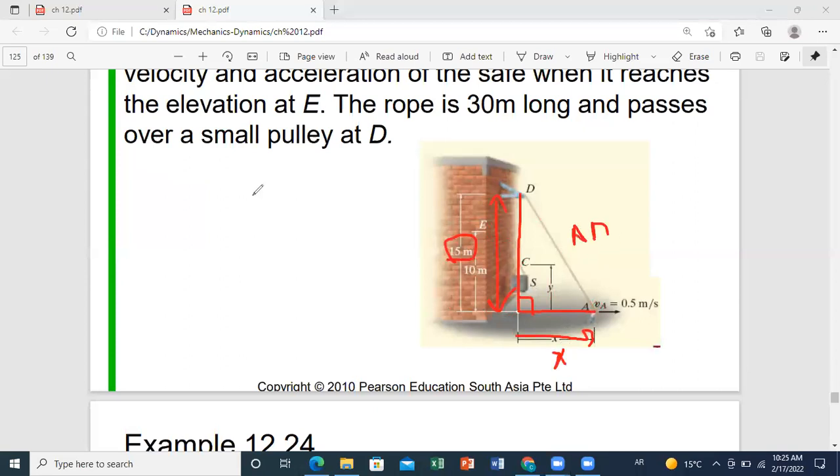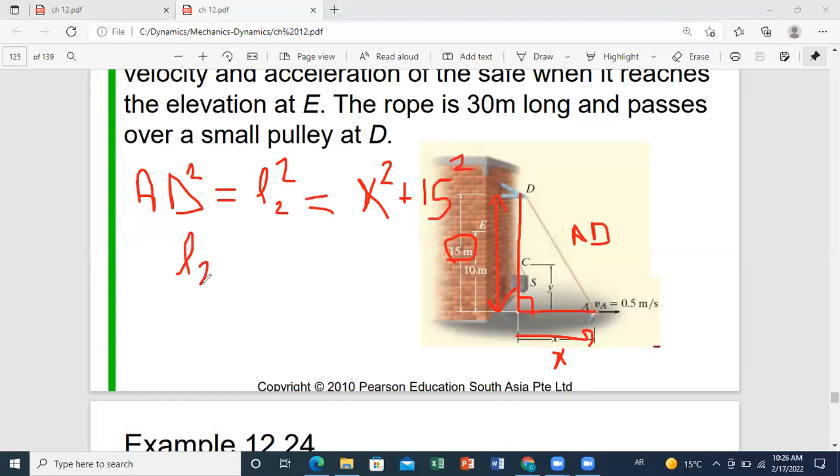So I can write that AD squared, which is equal to L2 squared, equals x squared plus 15 squared. Okay, so I can say that L2 is radical of x squared plus 15 squared.